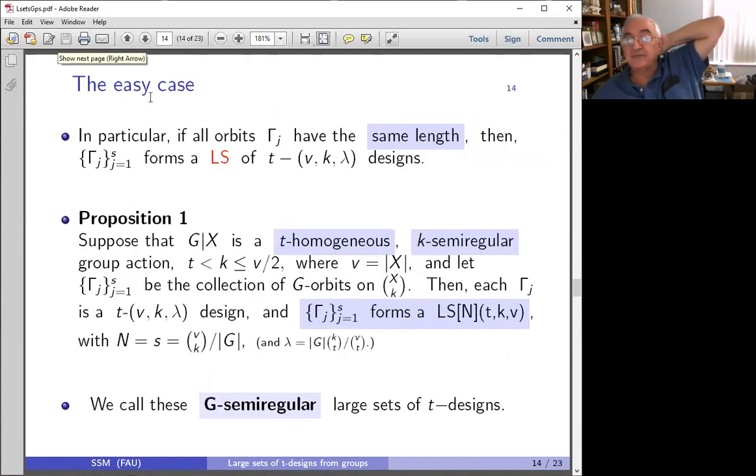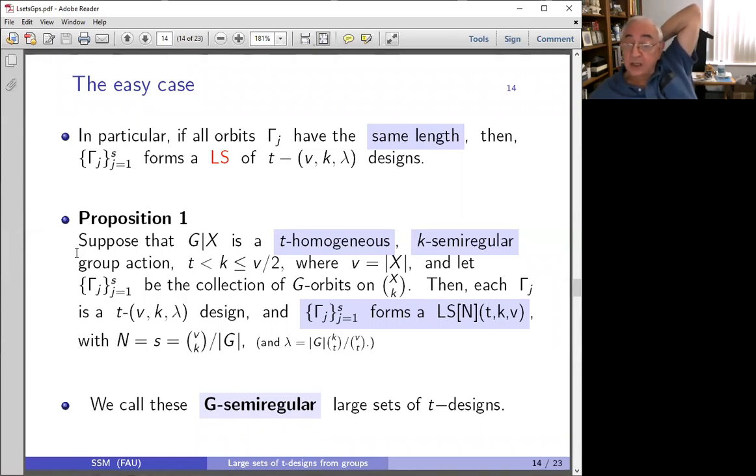In particular, we are interested in the case where all the orbits gamma J have the same length. Because if they do, then we have a decomposition of the collection of K sets into t-(v,k,lambda) designs with the same lambda. So we get a large set of t-(v,k,lambda) designs.